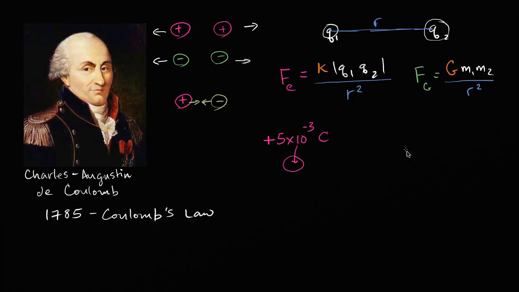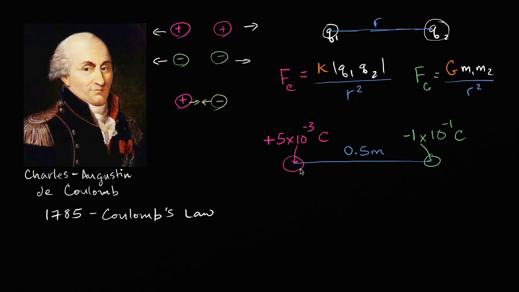And let's say I have this other charge right over here, and this has a negative charge of negative 1 times 10 to the negative 1 coulombs. And let's say that the distance between the two is 0.5 meters. So given that, let's figure out what the electrostatic force between these two is going to be.